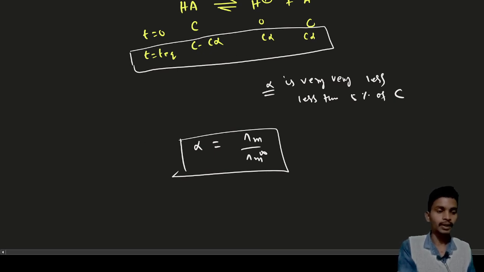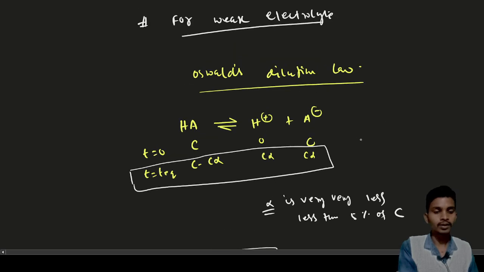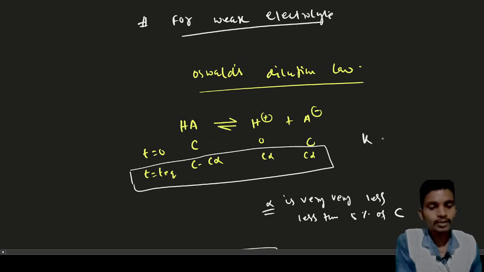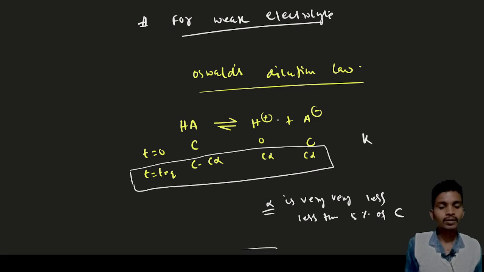Here if I find the dissociation constant or equilibrium constant, the equilibrium constant is the concentration of products divided by the concentration of reactants. So Kd, for dissociation, is equal to the concentration of products divided by the concentration of reactants.